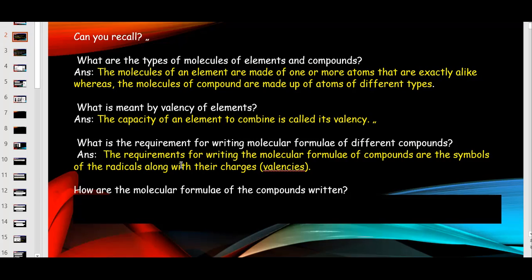Maybe we can take an example of lithium. Lithium's atomic number is 3. So the first shell is filled with 2 electrons, and the outermost shell has only 1 electron. So it wants to donate that electron. It cannot gain 7 electrons from some other element to combine. So it wants to give the electron. How much is it giving? 1 electron.